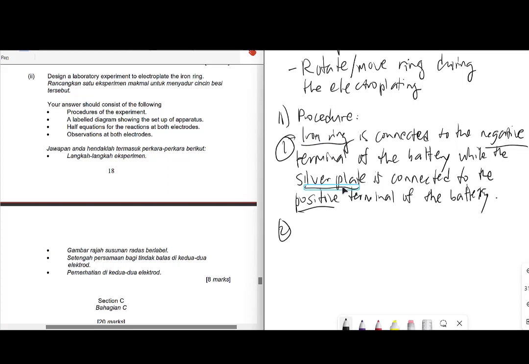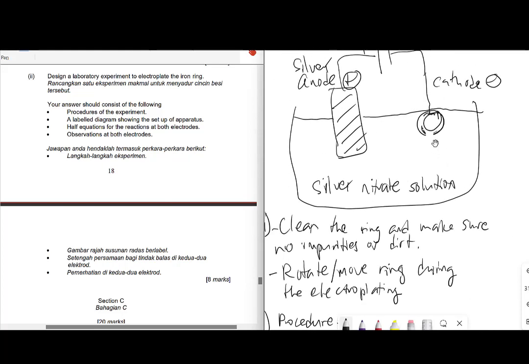Next, both plates are immersed into a solution. As I said in the picture just now, since I'm using a silver anode, the electroplating metal must also be found in the solution. Silver must be there.